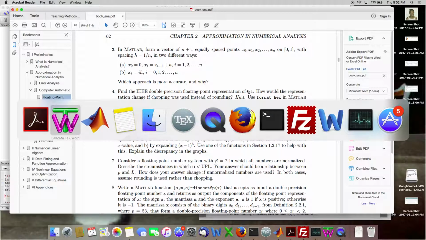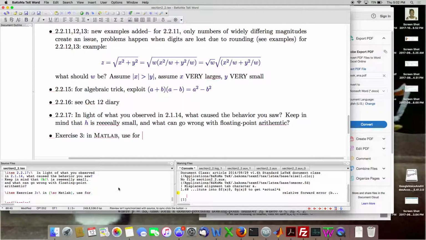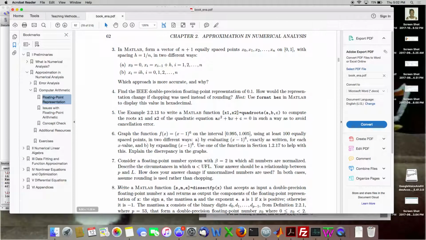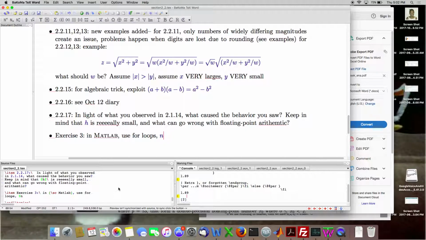So exercise 3 in MATLAB, use for loops. So for instance, I'm going to pick a value of n. Let's say n equals 1,000.